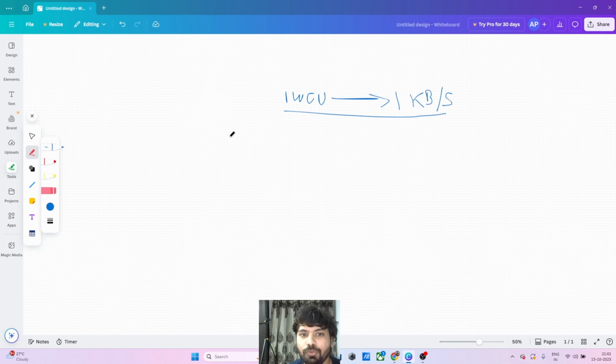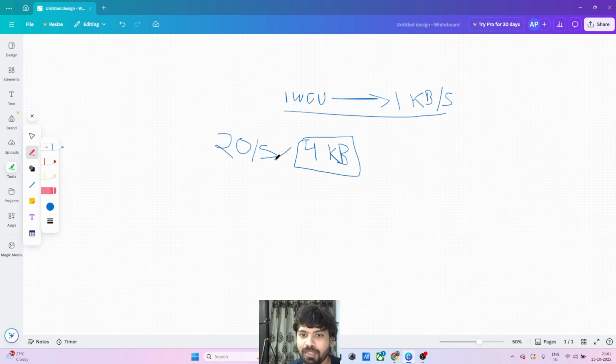Let's say you have a requirement of writing 20 items of 4 KB per second. So you are writing 20 items per second, and each item is of size 4 KB. How much data are you writing per second?